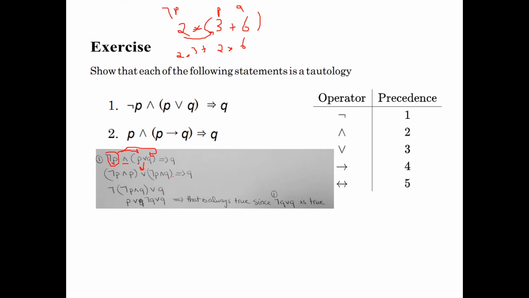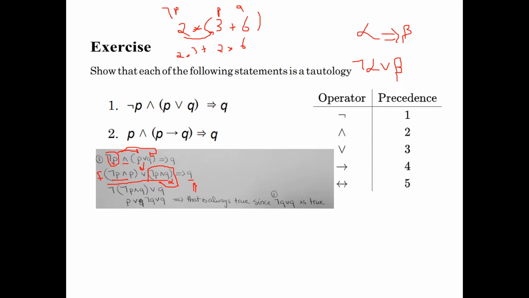Now what can we do? We will use the rule alpha implies beta, which is not alpha or beta. All of this is your alpha, and this is your beta. To make it easier, you only need this as your alpha. Why? Because not P and P is always going to be false, and false or anything is going to be that anything.